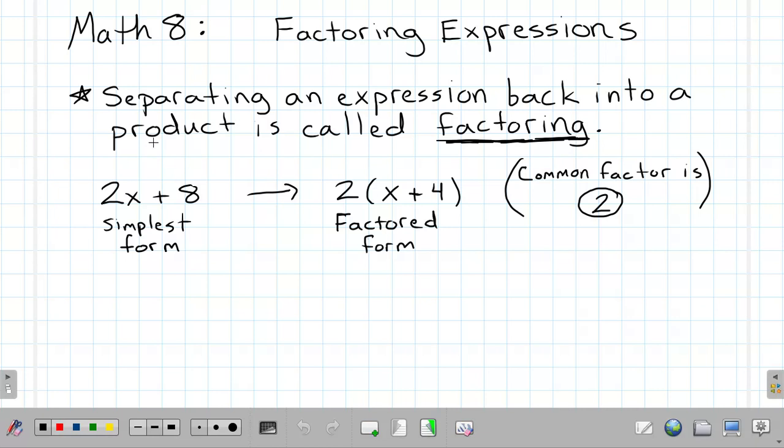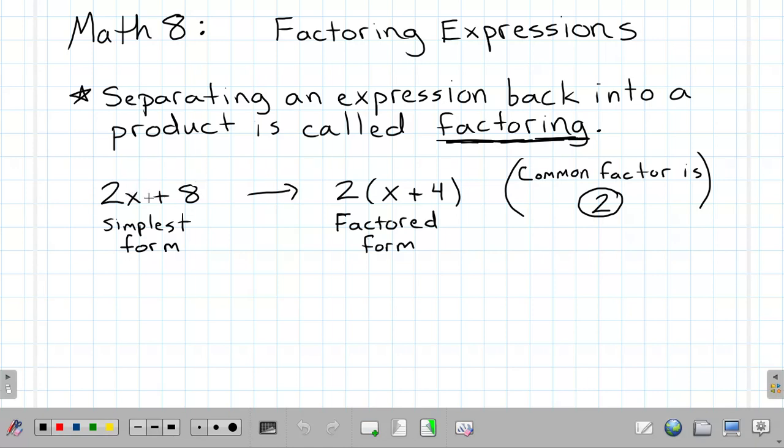But here we've got the definition of factoring. Separating an expression back into a product is called factoring. Once again, we see this word product, as we've seen before. That means multiplication. So when we separate it back into multiplication, we're taking something that looks like this, which, as you've seen in previous sections, is an expression in simplest form.